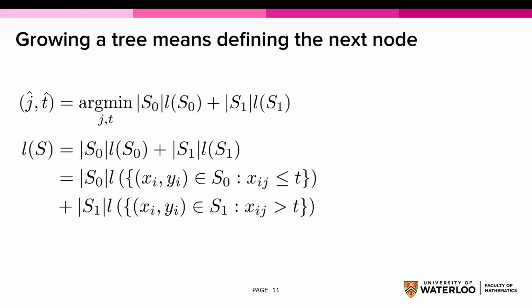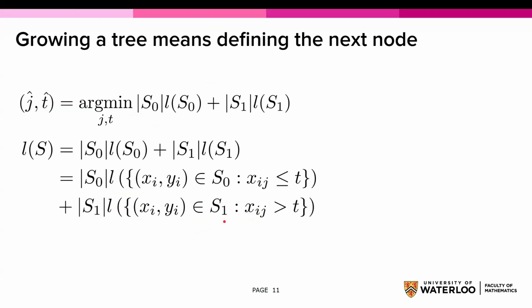Right, so the math here shows how we achieve that. We consider each feature index J and each potential threshold T, and we split the data set S into two groups. S0 contains all the points where the value of feature J is less than or equal to T, and S1 contains the rest.